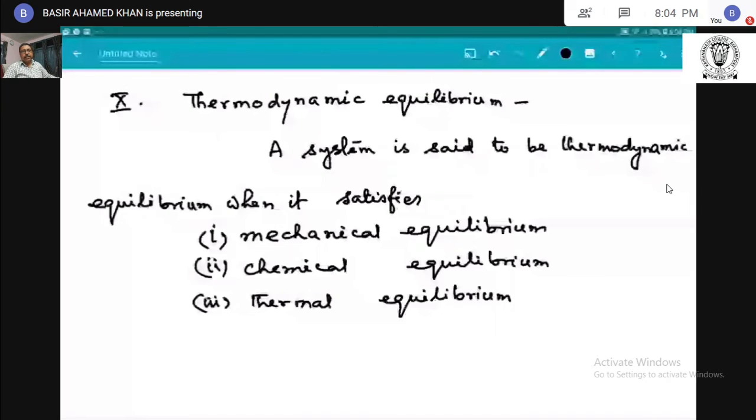Then this system is in thermodynamic equilibrium. That means it satisfies mechanical equilibrium, chemical equilibrium and thermal equilibrium simultaneously.